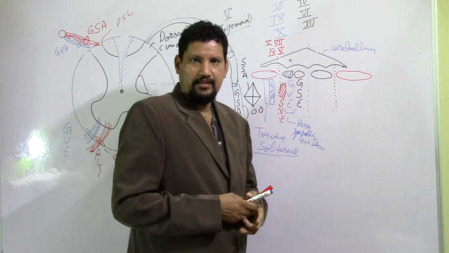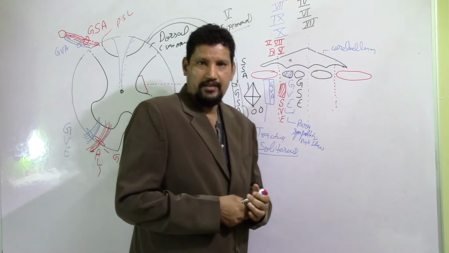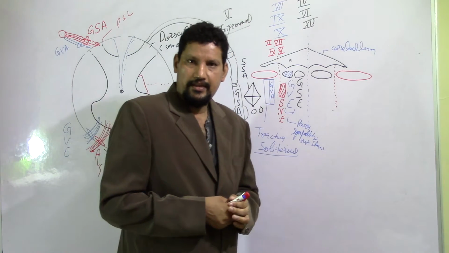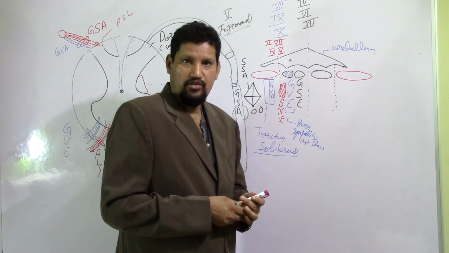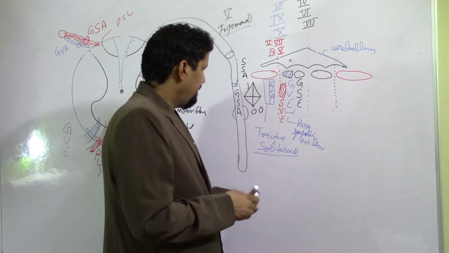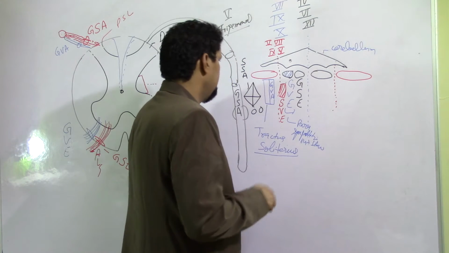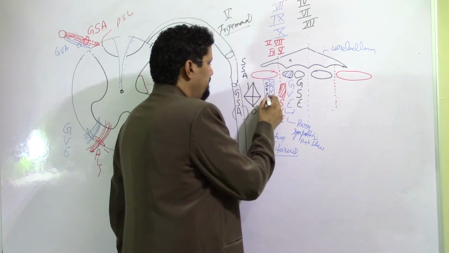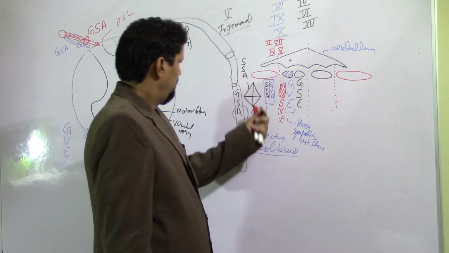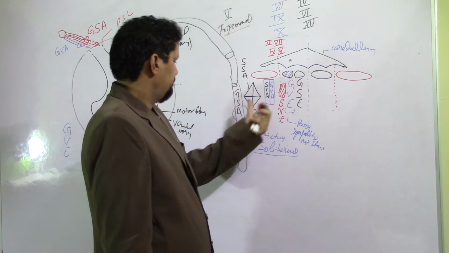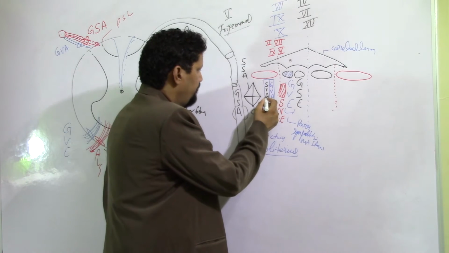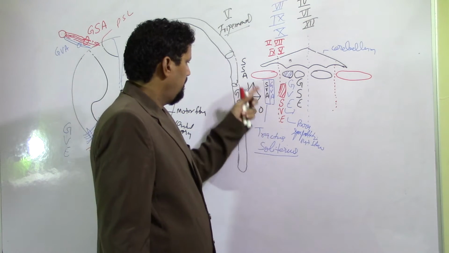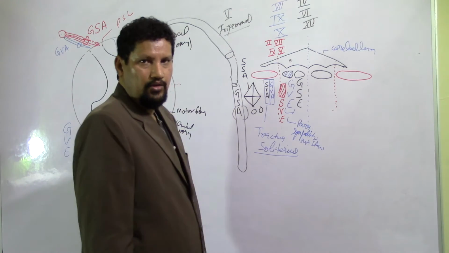Changes in chemoreceptors and stretch receptors are perceived by this general visceral afferent part of the nucleus tractus solitarius. And the lateral part of this nucleus has the special visceral afferent type of receptors or sensory neurons, which receive the special visceral afferent.